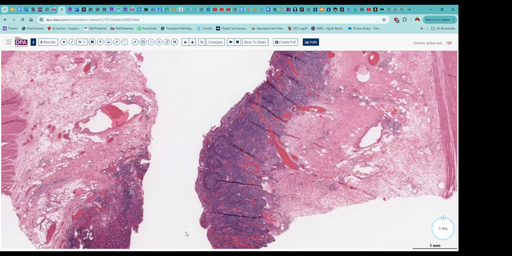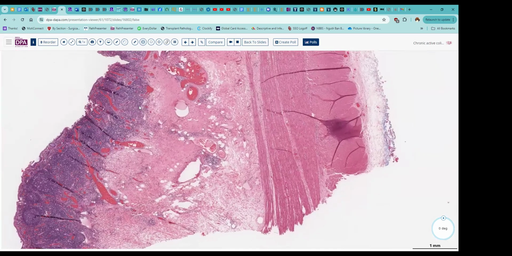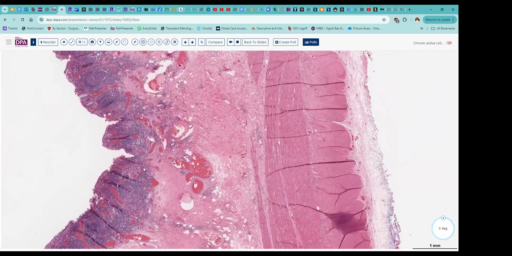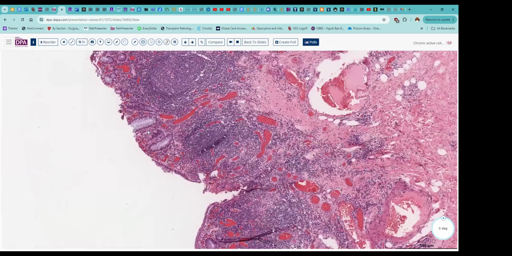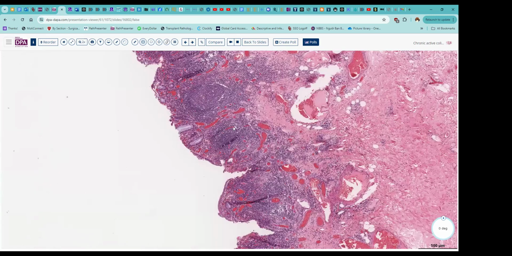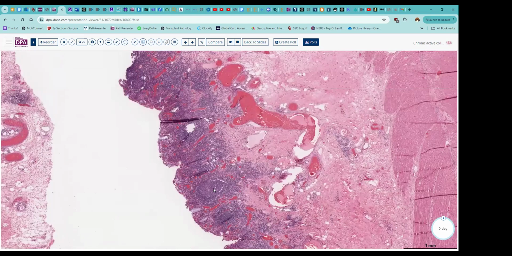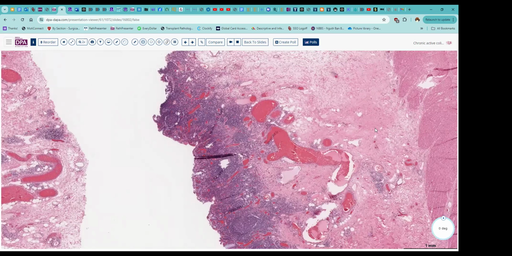So here again, we see mostly confined to the mucosa type of inflammation. We see some preserved glands here. We do see a little bit of fissuring here, some germinal centers, and severe ulceration.